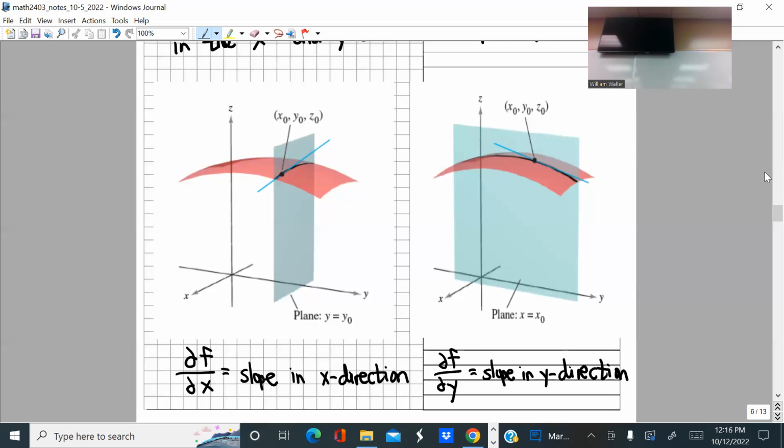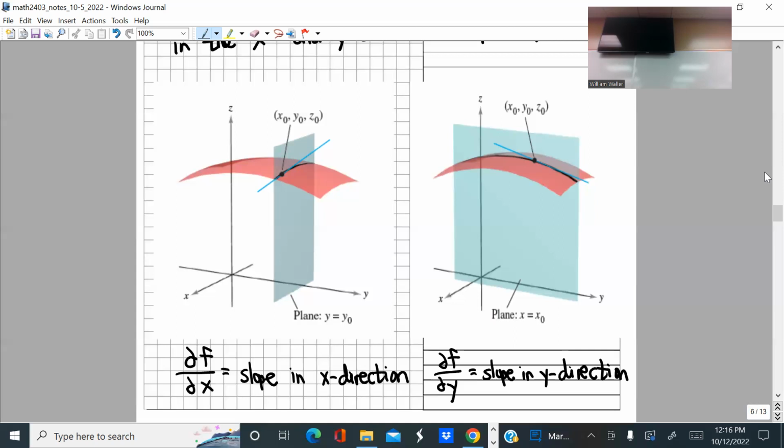Now, if you hold x constant, we're doing kind of the opposite. We're intersecting a plane which is perpendicular to the xy plane, but parallel to the y-axis, intersecting that plane with the surface.